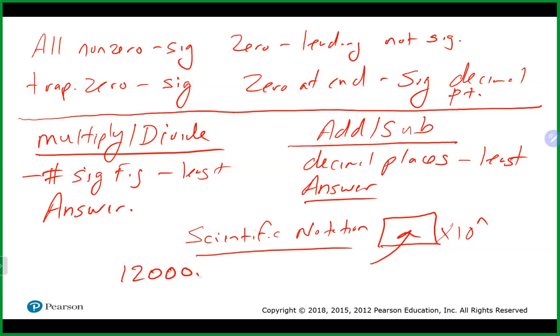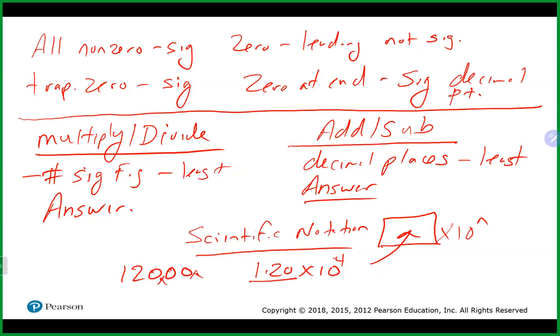If I put a decimal at the end, that's too many. If I put a decimal here and cut off the last zeros, that's now 120, which is not 12,000. So if you needed 3 significant figures, the only way to do it is to put it into scientific notation. And at that point, we would have 3 significant figures.